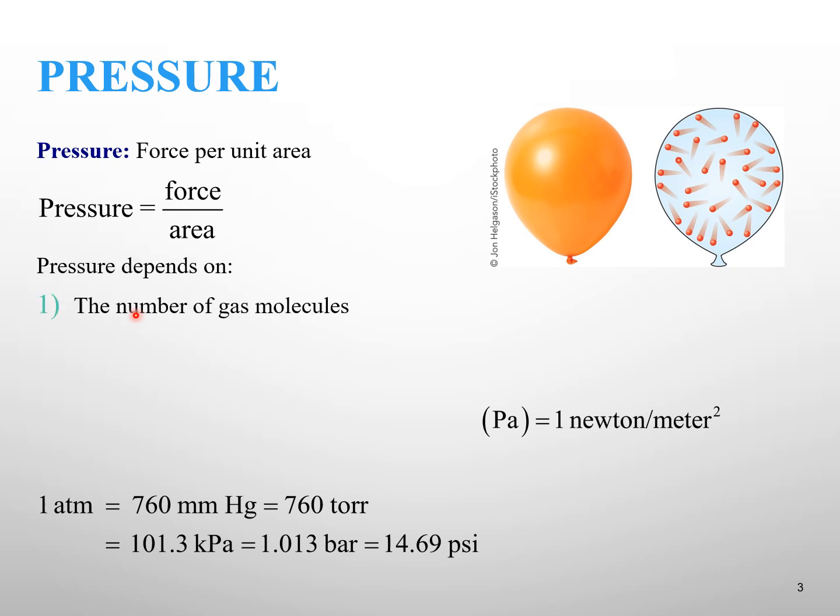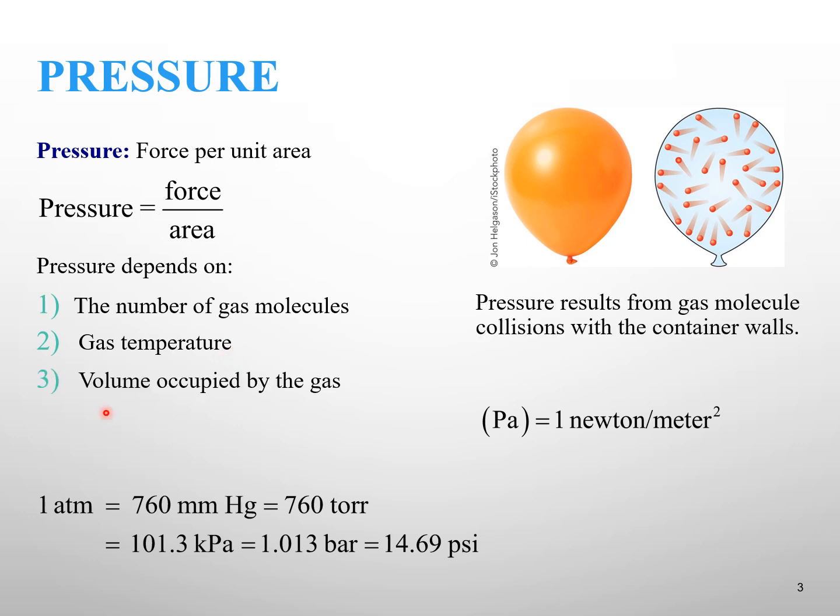Now, when we talk about pressure, number one, the more gas you have, the higher the pressure can be. If you have a higher temperature, the gases can hit the walls faster, so also higher pressure. And then also it depends on the volume occupied by the gas.